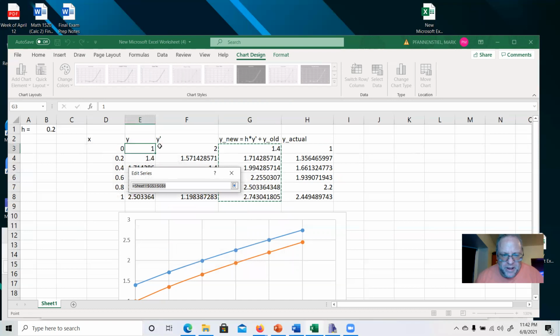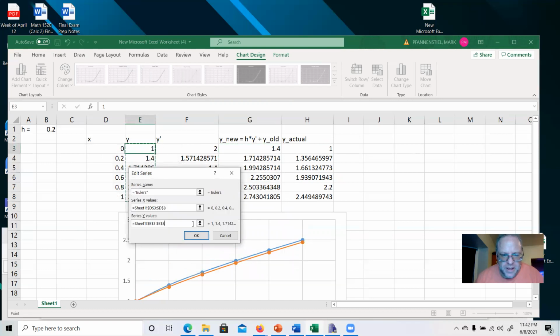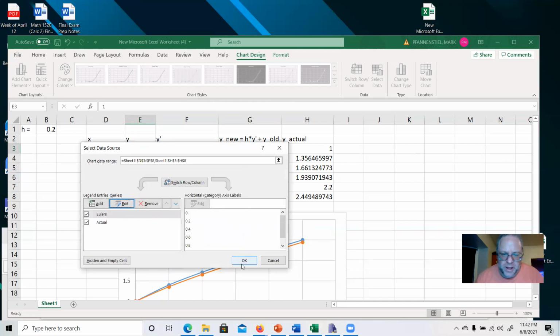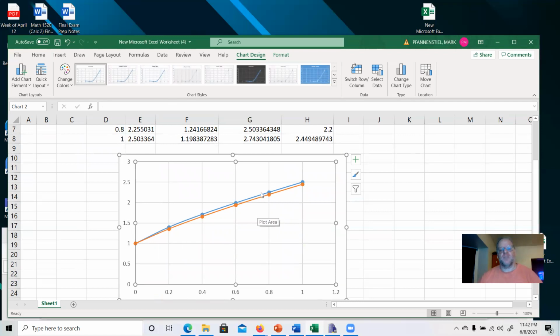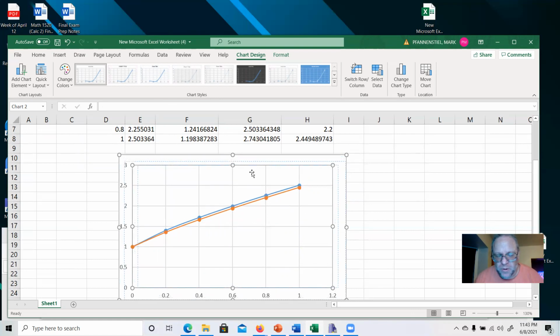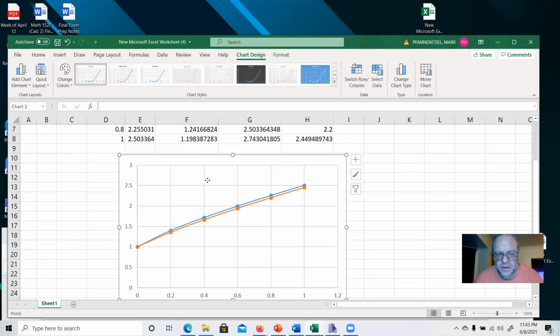So my y values are actually these guys. Oh, that looks so much better. Okay, the other one looked a bit weird. Okay, so the blue one, that's our Euler's, our red, that's the or orange, that's the actual one. So you can see we're not actually too far apart with all of these. Okay, so that's what we have for our solutions.